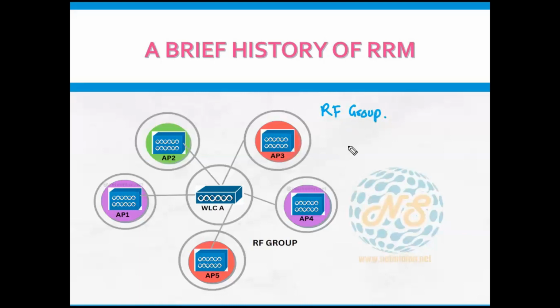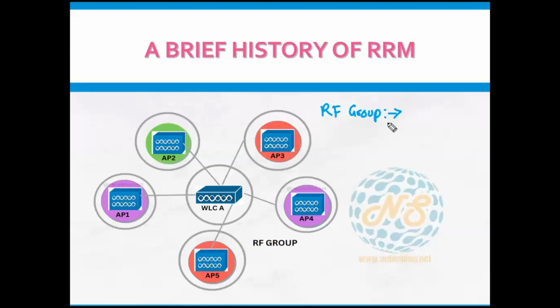When you have a group, you should have an RF group name also. An RF group is a logical container through which an instance of RRM is configured, and all devices belonging to a single RF network will be configured as members of that particular RF group.